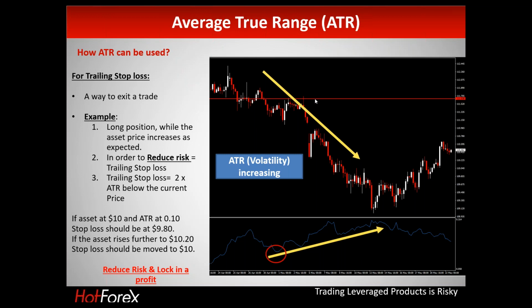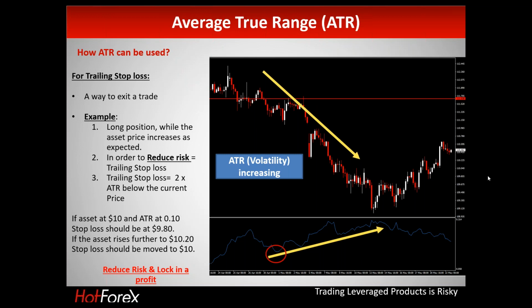A trailing stop loss will get you out if the price rises by a certain amount. In other words, the trailing stop loss reduces the risk and locks your profit as the price moves in your favor. ATR is actually commonly used as a trailing stop loss.